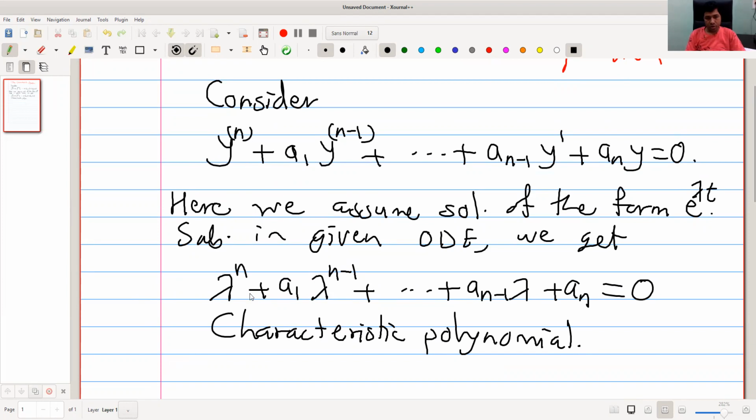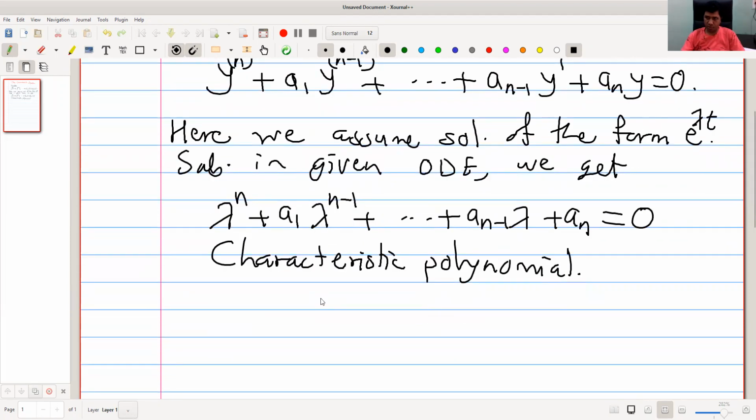And roots of this polynomial play an important role in deciding stability of solution. So what is meant by stability of solution? First thing is, what is the general solution of this ODE? General solution is obtained by finding roots of this characteristic polynomial.